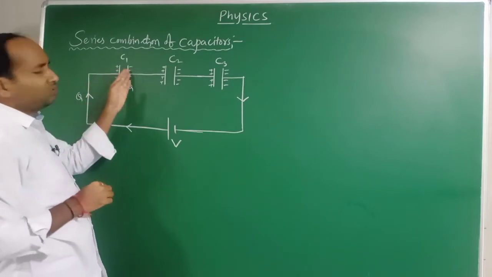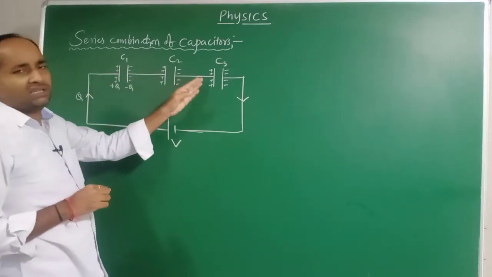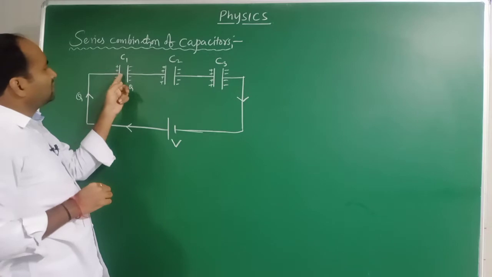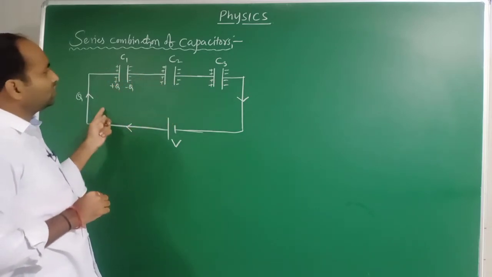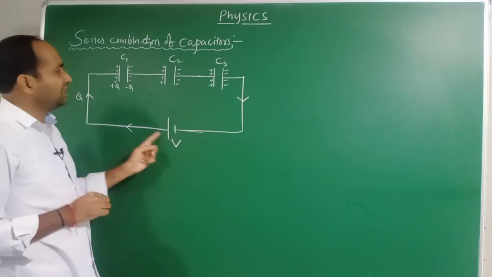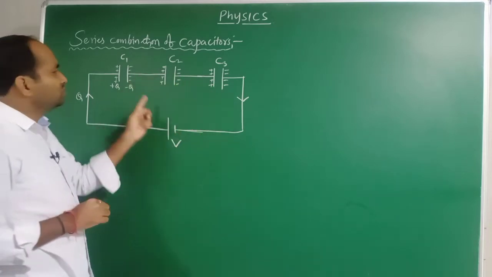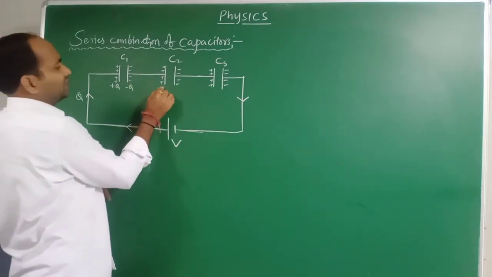Now when they are in series, the charge flowing across the three capacitors remains the same. To flow the charge across the three capacitors, only one path is there, so the charge remains constant.